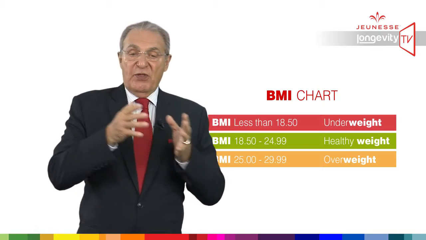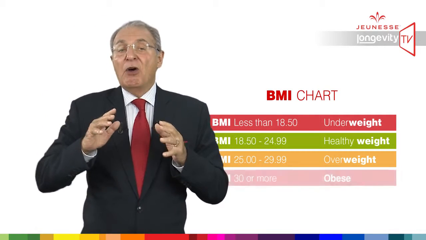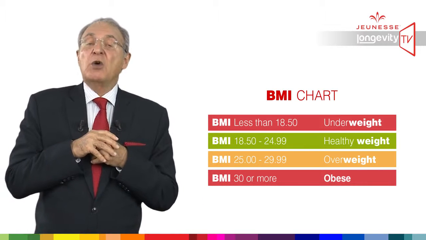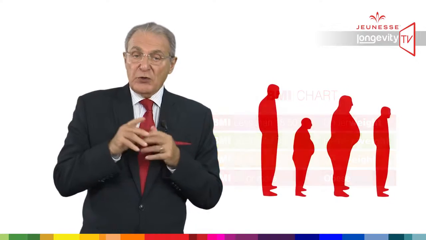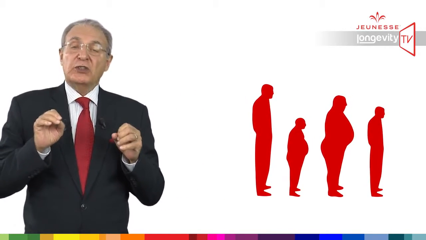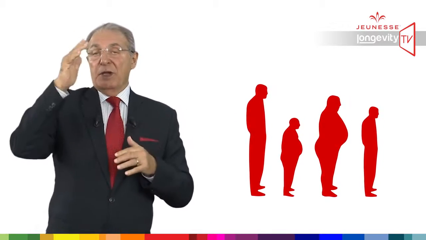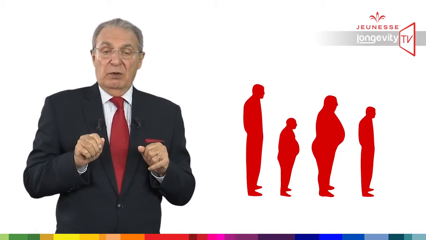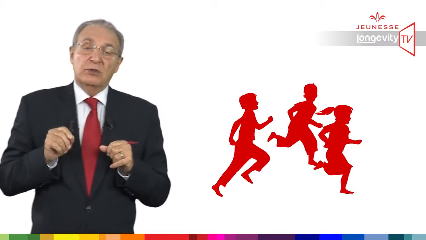Between 25 and 30, you are overweight, and above 30, you are qualified as obese. Note that BMI is a standard tool which does not apply in extremes like very tall people or very small people, and also should be adapted for children.